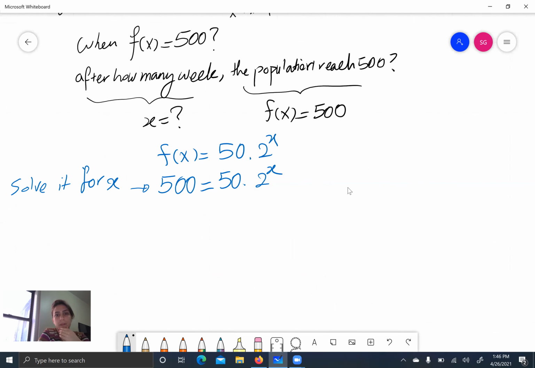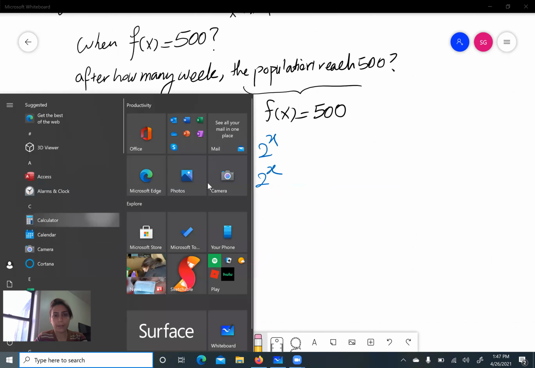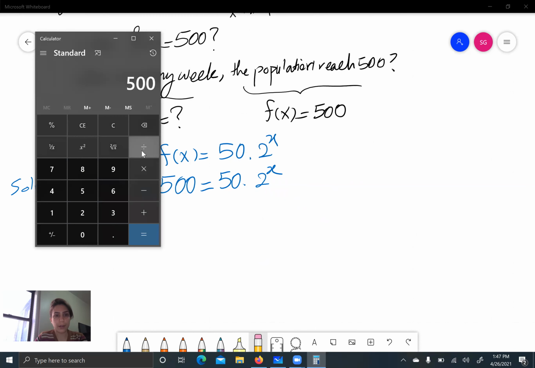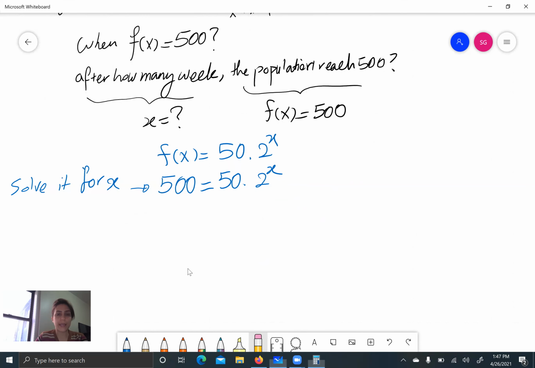We can divide both sides by 50. 500 divided by 50 gives you 10, so this becomes 10. 50 divided by 50 is 1, so this is 1 times 2 to the x.